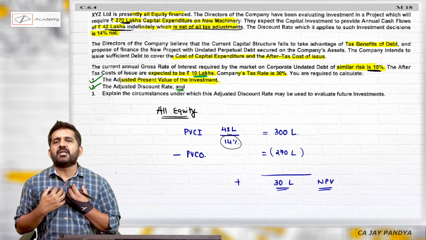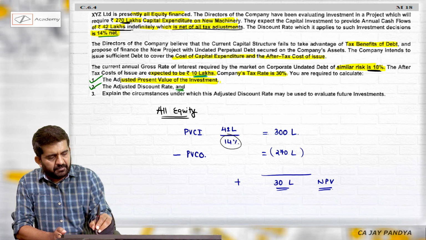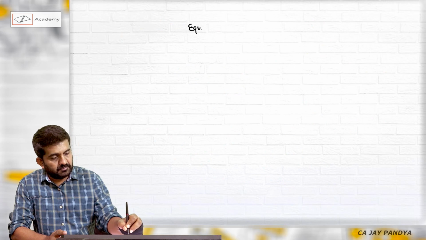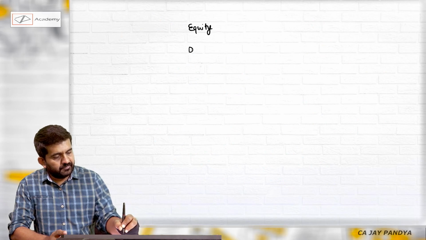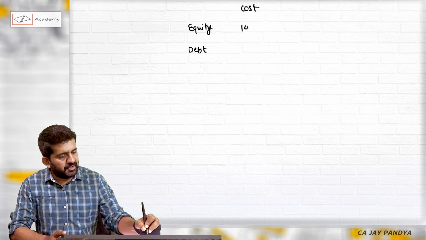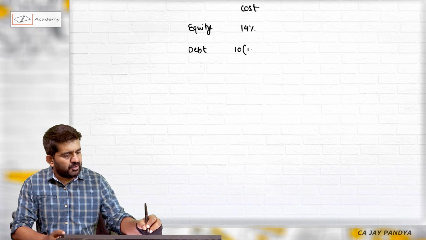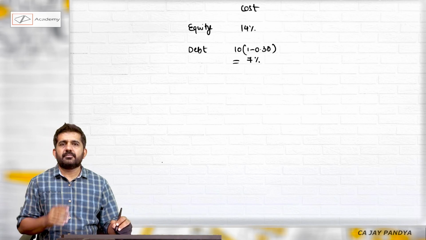But if someone asks me what is my discount rate, my cost of equity is 14%. My cost of debt is 10 into 1 minus 30, that is nothing but 7%.